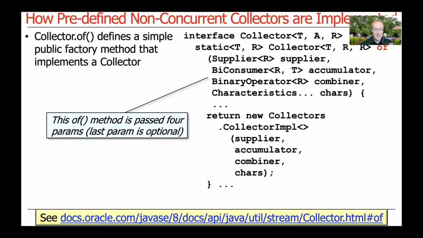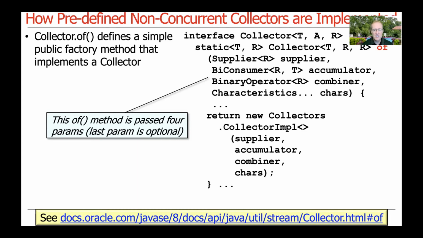Functional interfaces are the types, and you can pass in method references or lambda expressions to implement those functional interfaces. There's a couple of different variants of of. This variant here is the 4-parameter version, which takes a supplier, a BiConsumer, a BinaryOperator, and optionally characteristics. The characteristics varargs syntax means that the characteristics are optional. You don't have to provide them if you don't want to.